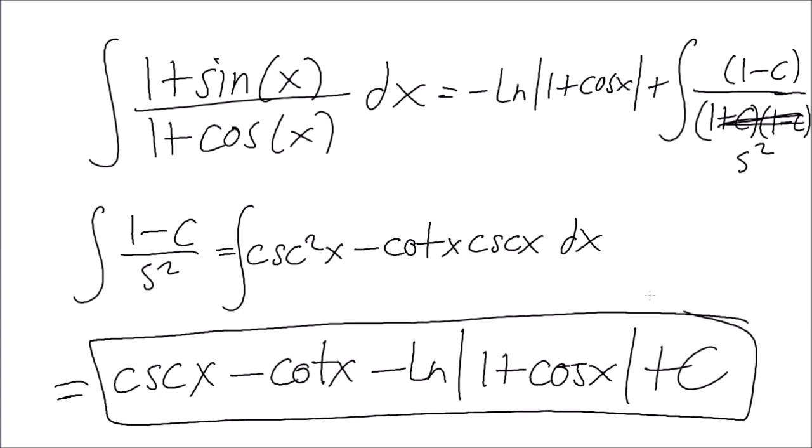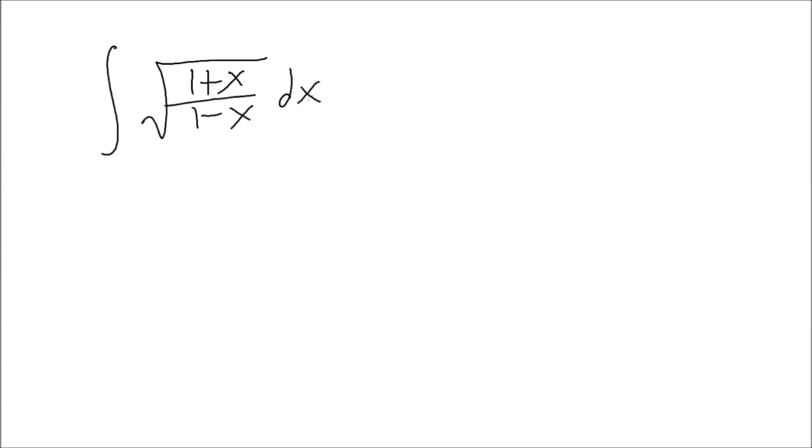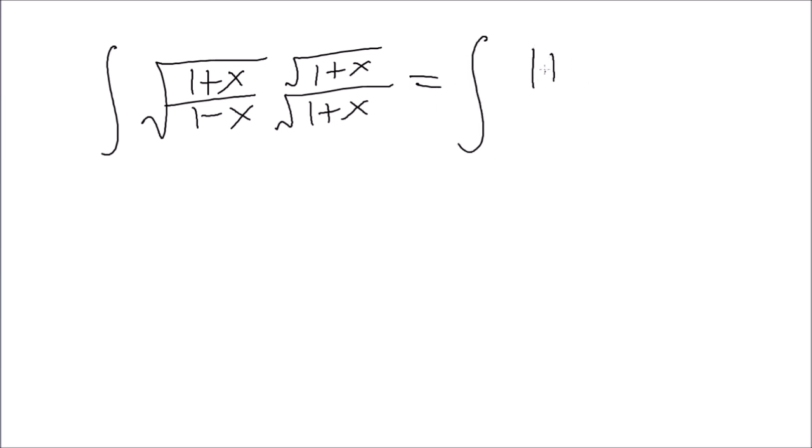And that's it. Here I'm going to go ahead and conjugate, and what I mean by that is I'm going to multiply this by 1 plus x and multiply this by 1 plus x. And what this does is this gives me 1 plus x over 1 minus x squared.